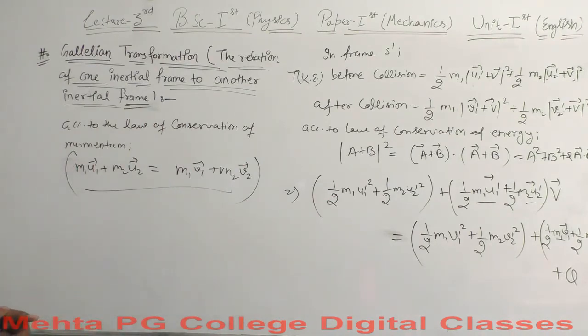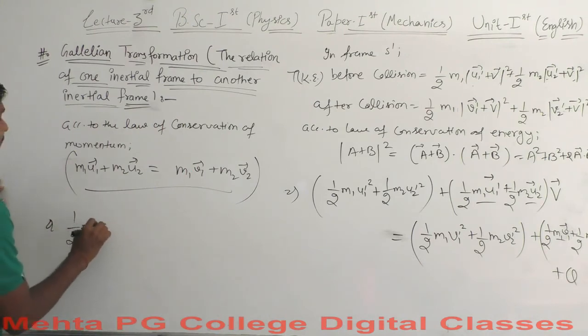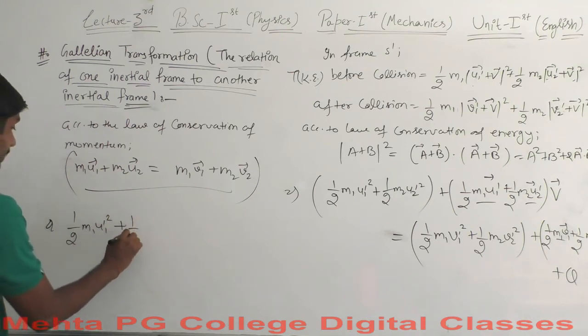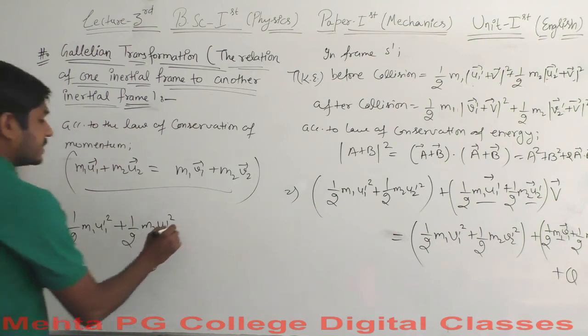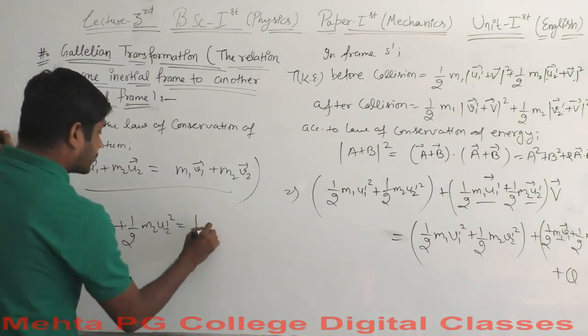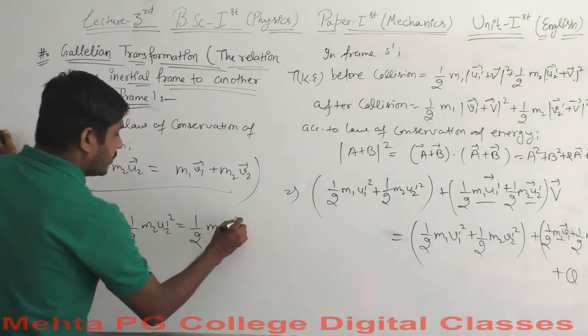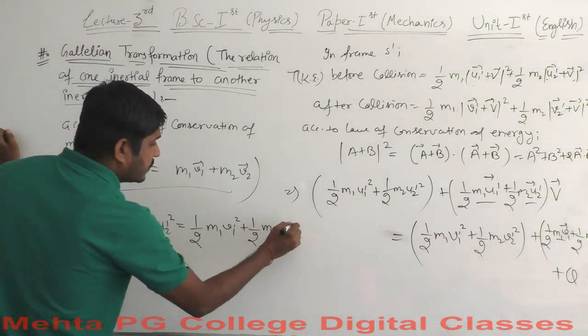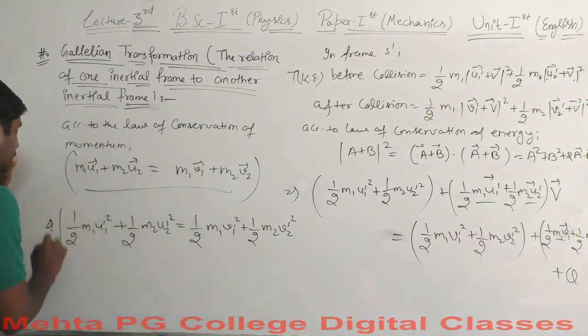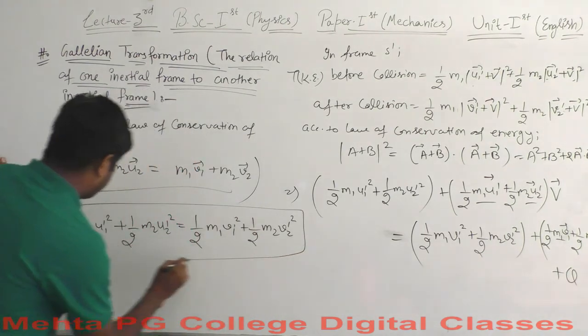We will have half m1 u1 dash square plus half m2 u2 dash square equals half m1 v1 dash square plus half m2 v2 dash square.